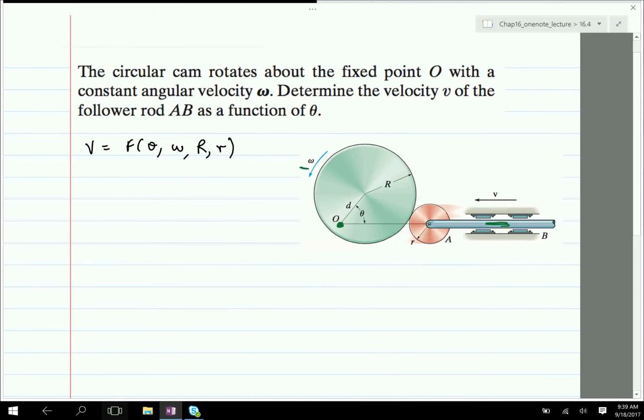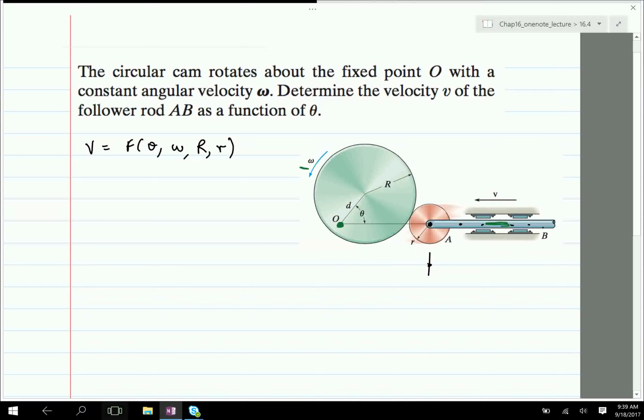So the key thing, in all these problems, is to find an expression for the distance of a point. This point here is representative of the motion of the connecting rod or the follower, right? As long as I can find the motion of this point, it's the same as the motion of other points.